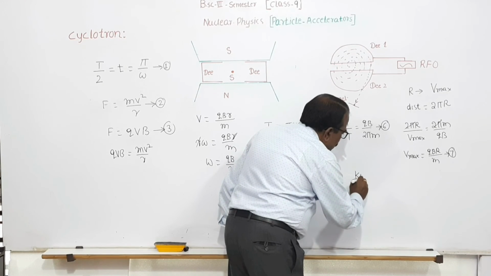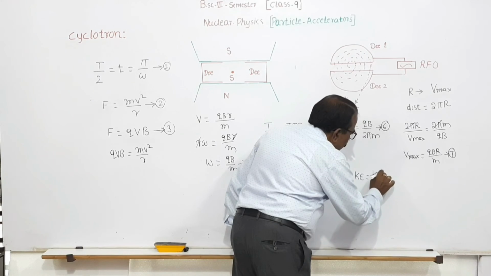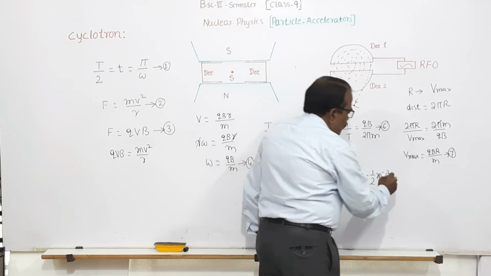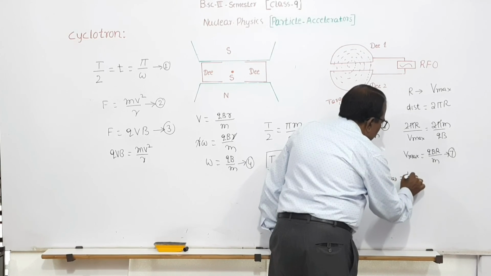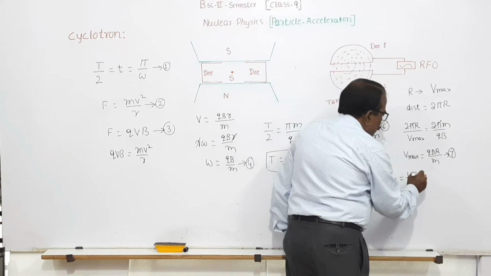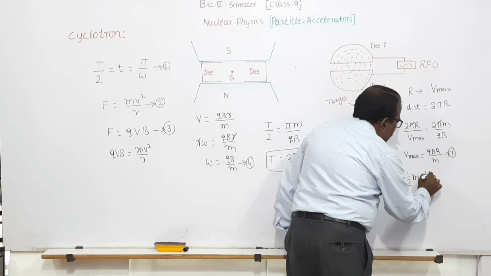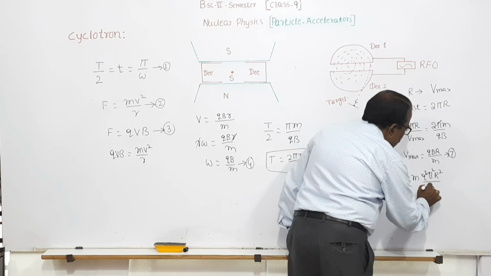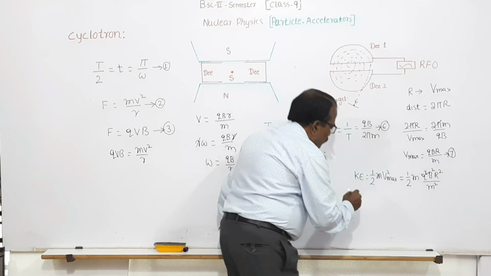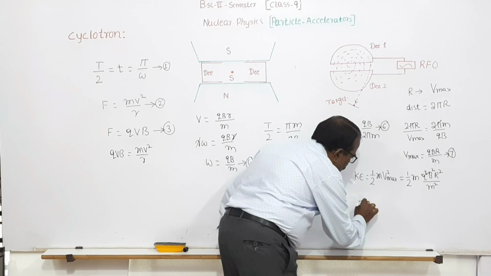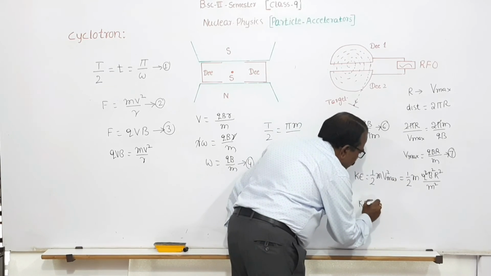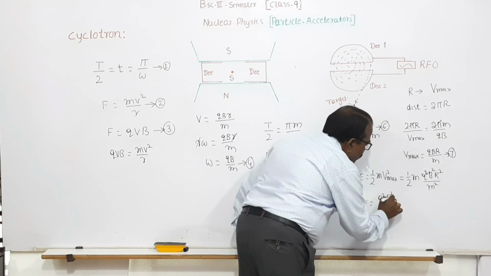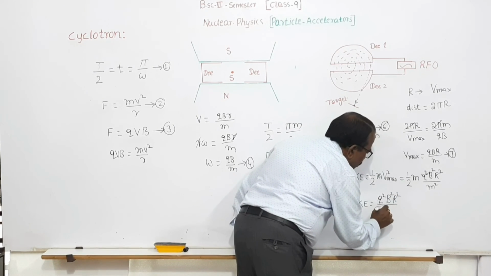You know, this kinetic energy is given by half m v max square, or this is half m q square B square r square divided by m square, or this is maximum kinetic energy is equal to, m gets cancelled, q square B square r square upon 2m.